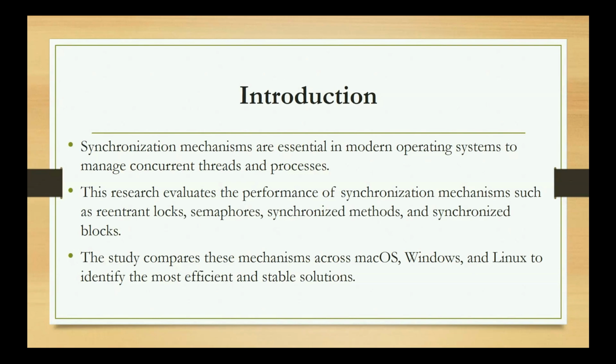So what are concurrent processes? Concurrent processes are like running multiple independent tasks or programs at the same time, like executing programs at the same time on your computer system.